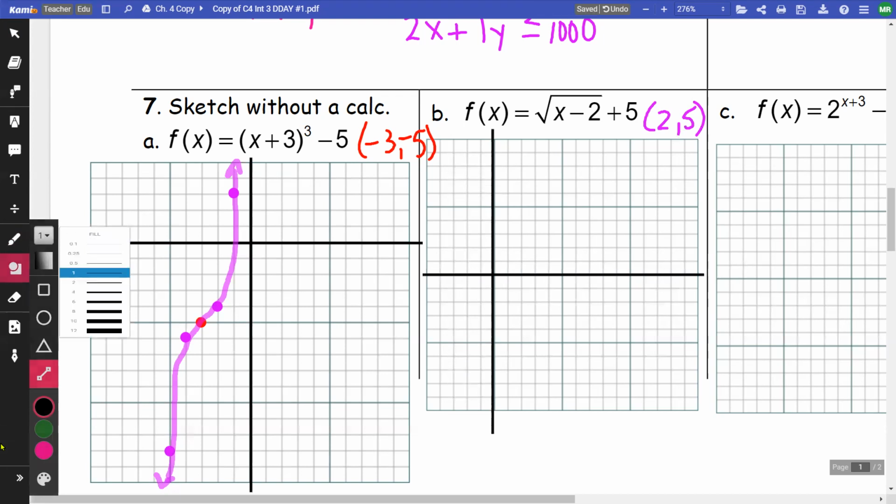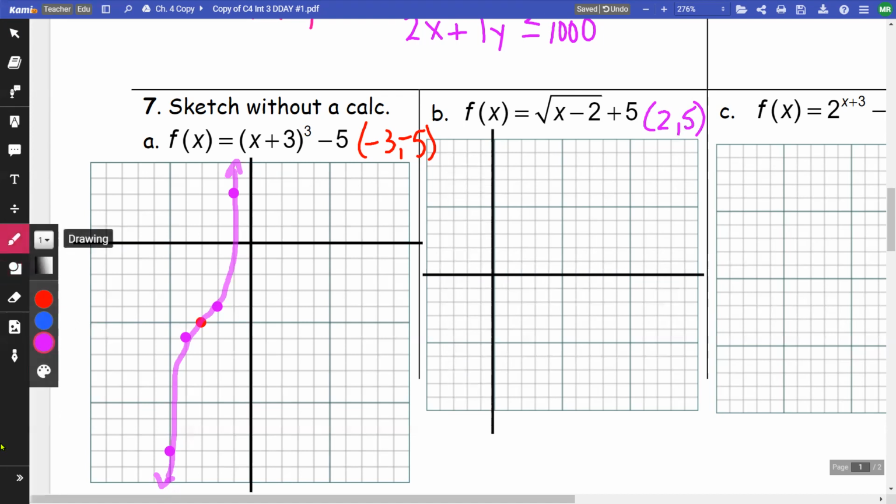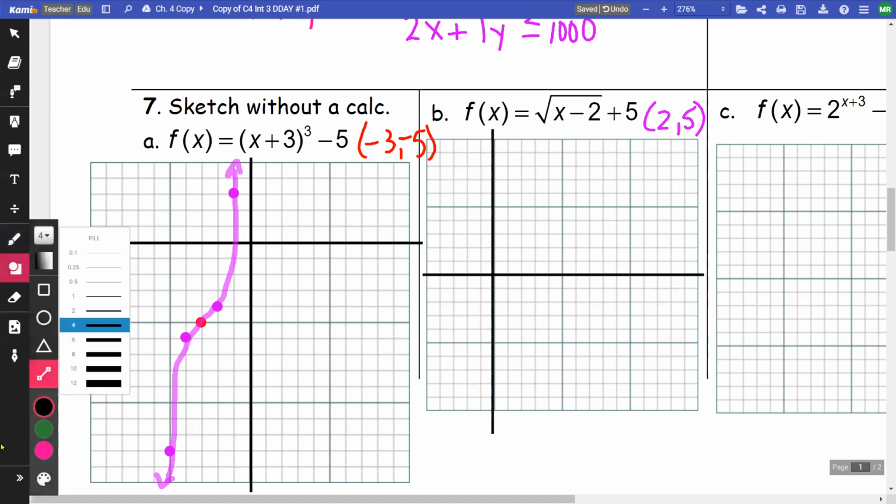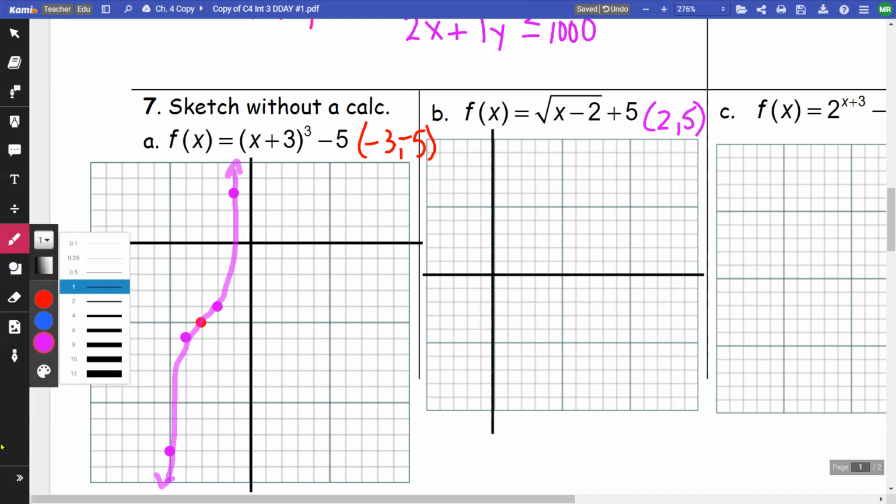Okay, so I am going to start at my 2, 5, 1, 2, 3, 4, 5. Oops, skipped over a little bit, sorry.